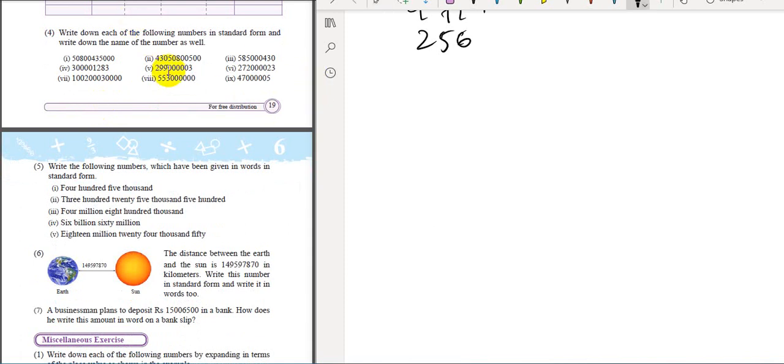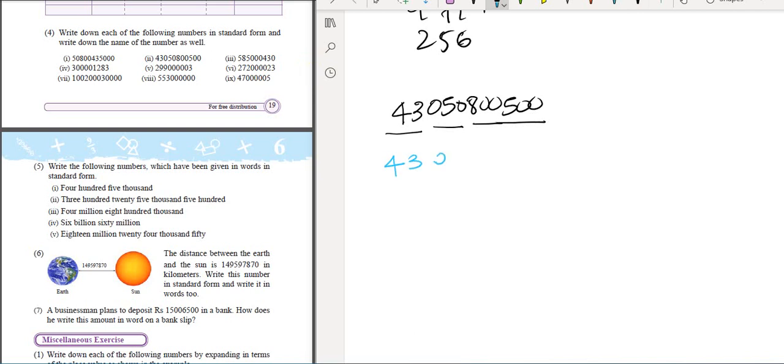I will write the biggest number here, 43050800500. How to read and write this number? Can you read it very easily? No, you can't recognize it. You can identify the value of this number. First we will write in standard form. These three, and these three, and these two.